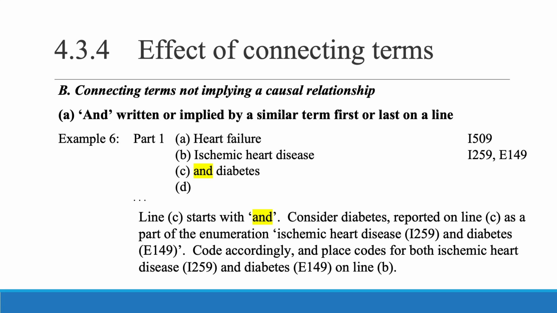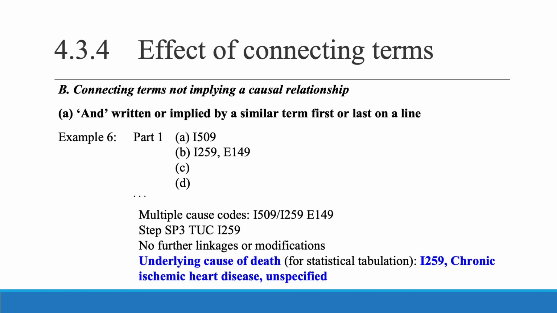Code accordingly and place the codes for both ischemic heart disease and diabetes on line B. And here we see the codes arranged as per the instruction, as well as the selection of an underlying cause of death applying step SP3. No modification steps are applied to this case. And in fact, the underlying cause of death is selected for tabulation as I259, chronic ischemic heart disease unspecified.